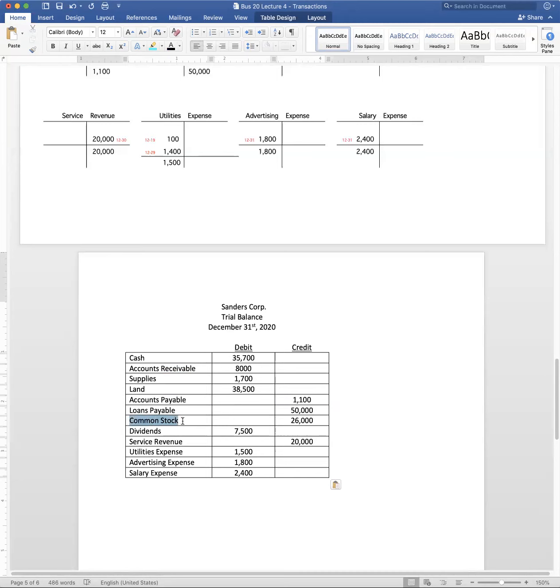Common stock is an equity account, and that has a credit balance. Service revenue has a credit balance. And the three expenses, they all have debit balances, and the dividends also has a debit balance. All right, does that sound familiar? Assets, debits, liabilities, credits, equity, credit, revenue, credit, expenses and dividends, debit.